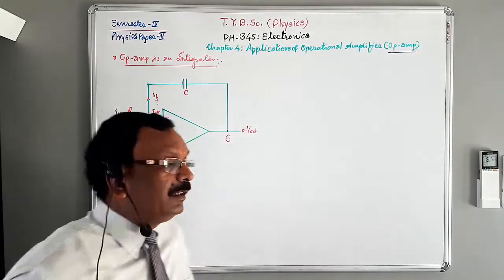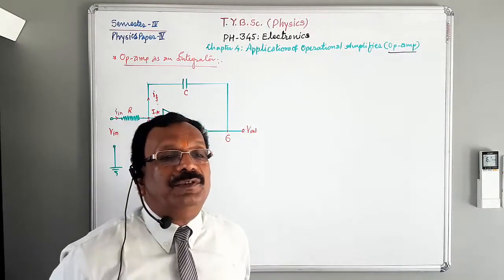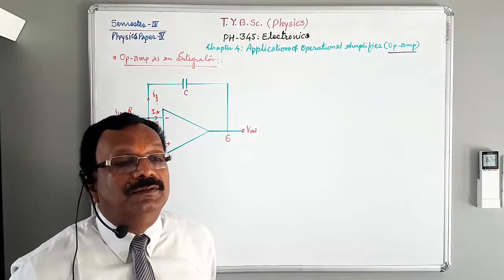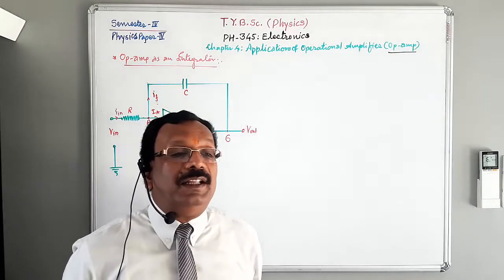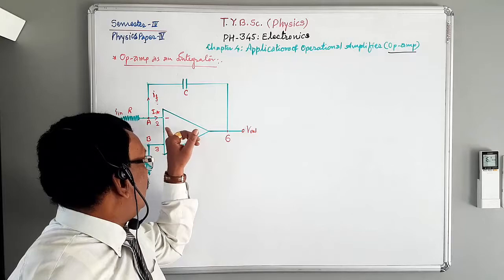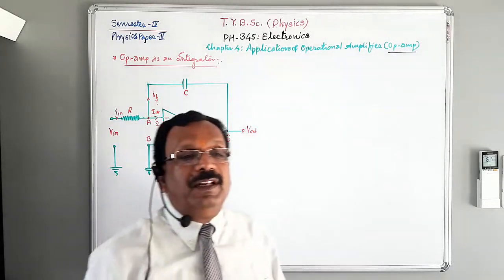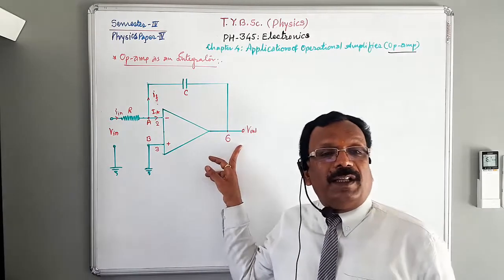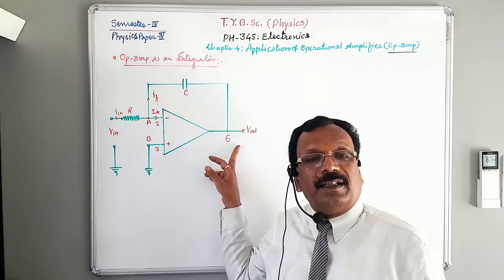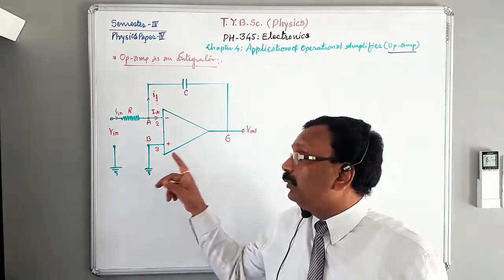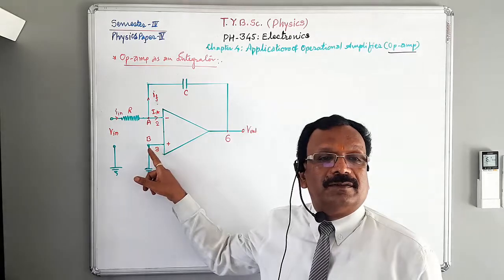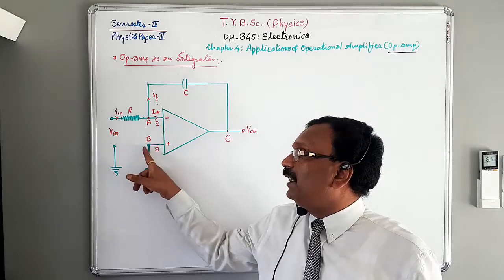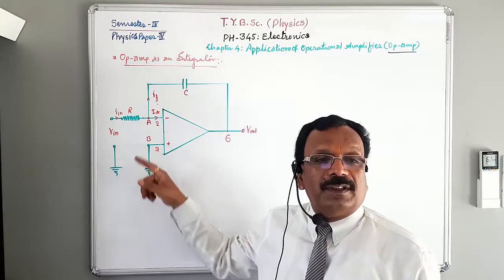The output voltage of the amplifier, that is V out, takes on just that value needed to keep the inverting terminal at the same potential as that of the non-inverting terminal.